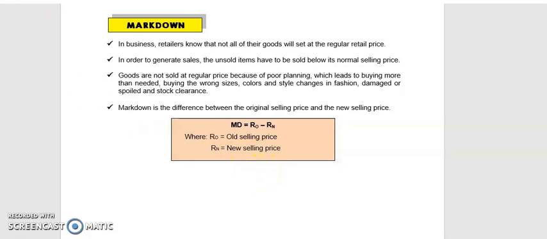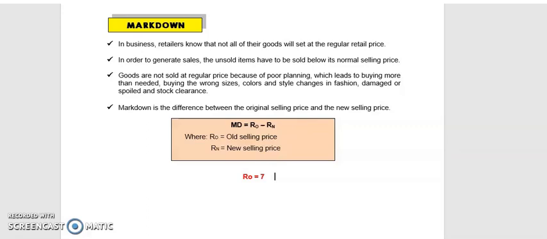Okay, for example, the regular price of the bread just now is 7 ringgit. So RO is 7 ringgit. Okay, since another 3 days or 2 days will be the expiry date, then you sell it at a lower selling price.